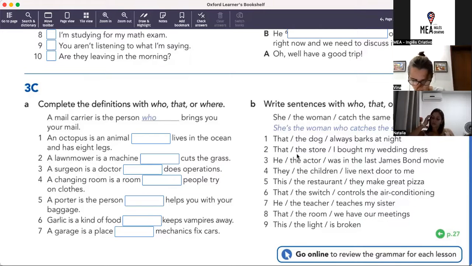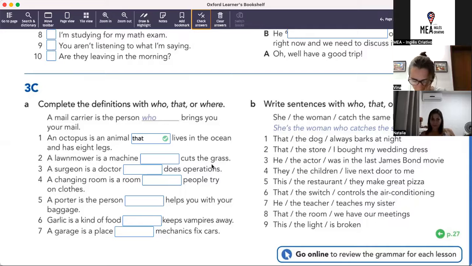Okay, so each student is going to read one, starting by you, Nat, please. An octopus is an animal that lives... sorry, it's not in. Is an animal that lives in the ocean and has 8 legs.